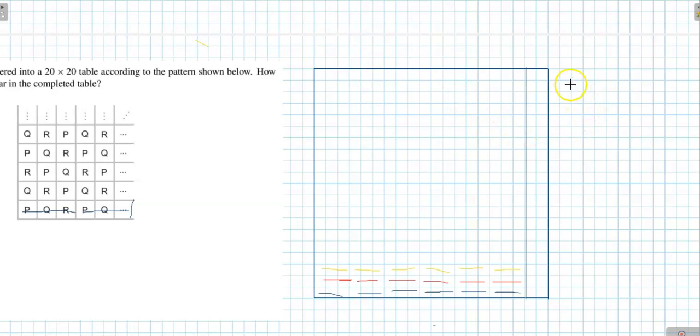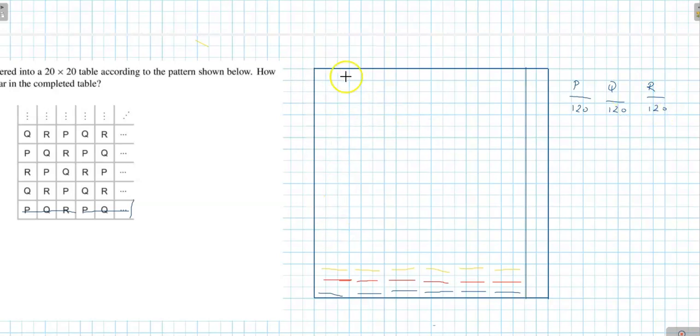How many rows do we have? Here we have 20. Since it's a 20 by 20 table, this means for each row 6P, 6Q, and 6R times 20, we are going to have 120P, 120Q, and then 120R.